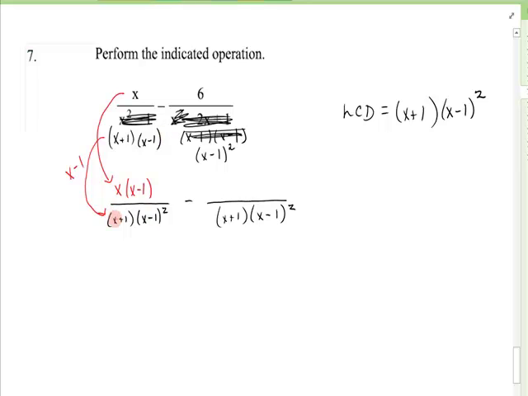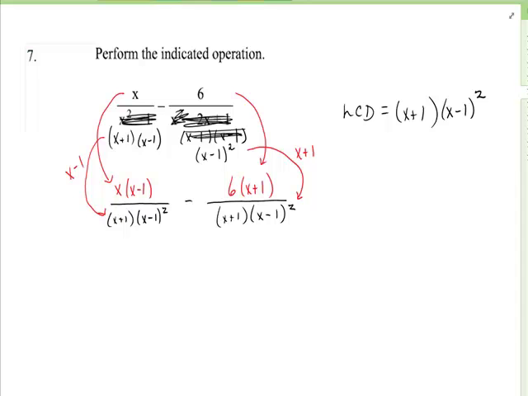You're comparing it to what's in the new common denominator. Whatever the new factor is, you multiply it times the top. In this one, there's an x minus 1 squared. Here's an x minus 1 squared, but what's new is x plus 1. So I need to multiply 6 times x plus 1.